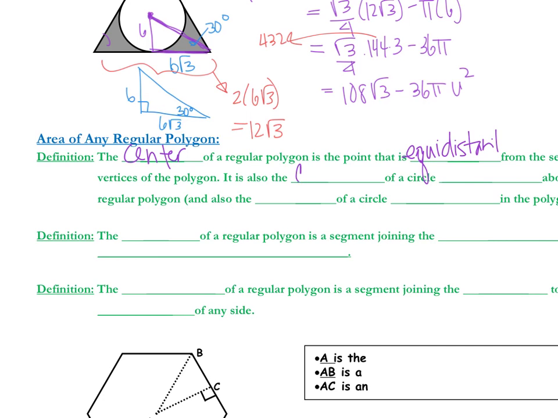It is also the center of the circumscribed circle about the regular polygon. And it is also the center of the circle that's inscribed in the polygon. So basically, the center is the center for all three pieces.